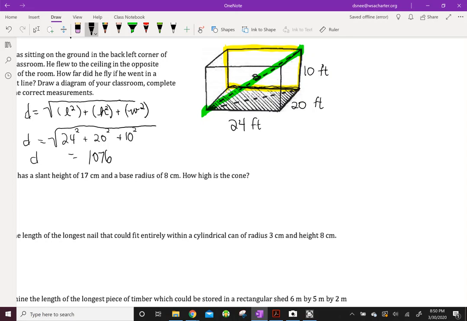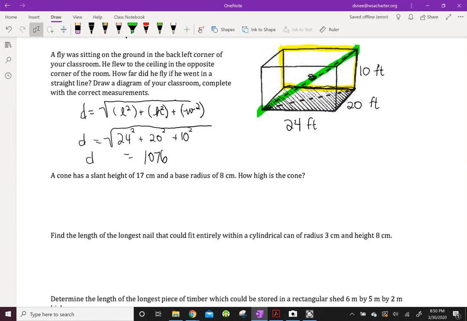Okay, and I'm going to take the square root of 1076, and that gives me 32.80. Okay, draw a diagram complete with the correct measurements. How far did he fly? So I'm just going to round that to the nearest tenth. I'm going to say 32.8.